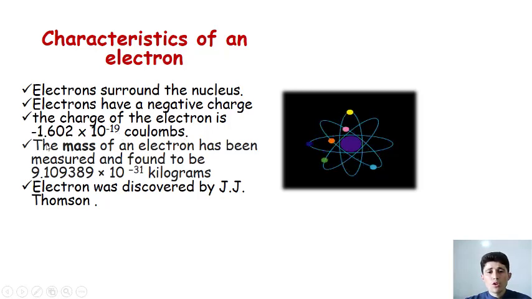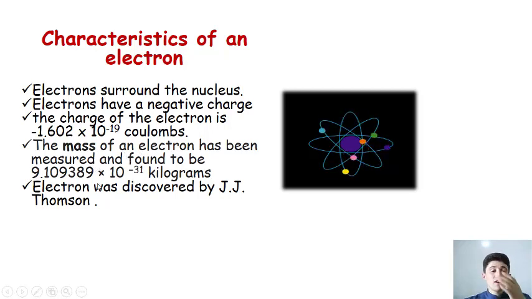This is the amount of charge of an electron. And also the mass of an electron has been measured and found to be 9.109389 times 10 to the power of negative 31 kilograms. This is the amount of mass of an electron.